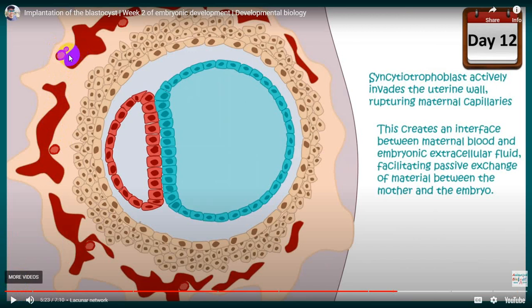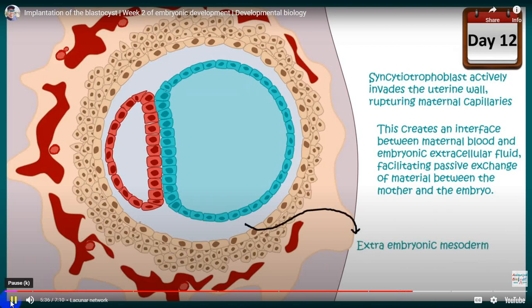So when these blood vessels are punctured, blood moves into these lacuna or holes or cavities and fills them up so that there can be gaseous exchange, nutrient exchange, waste disposal exchange between the mother and the embryo. So this is the first time when maternal blood is connecting with the embryo.